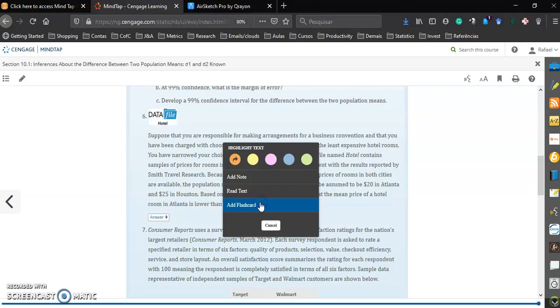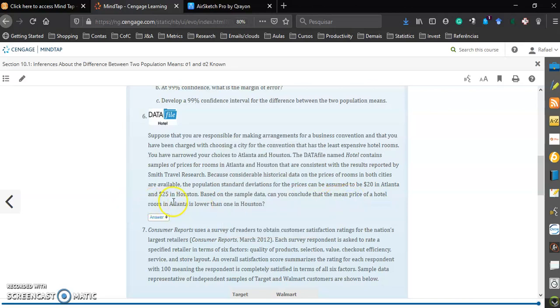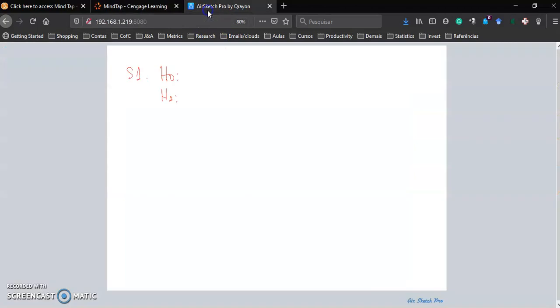So I want to prove that the hotel in Atlanta is lower. If I want to prove, that's the alternative. I cannot assume that rooms in Atlanta are lower, so I have to prove that. So that's my alternative. I'm going to use the mean of Atlanta as the first one and the mean in Houston as the second one. So the mean in Atlanta is lower than the mean in Houston.